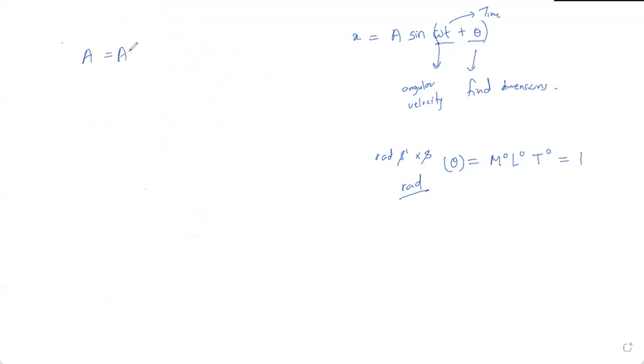A is equal to A naught e to the power minus lambda t. Find dimensions of t. Dimensions of lambda. Lambda is in per second.